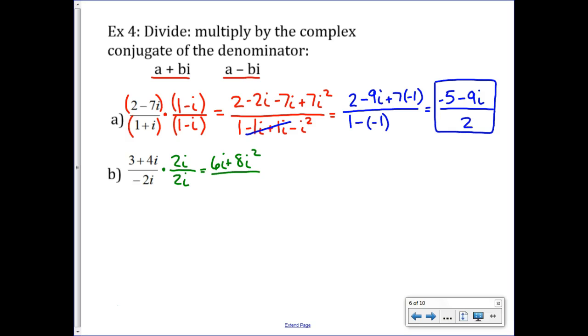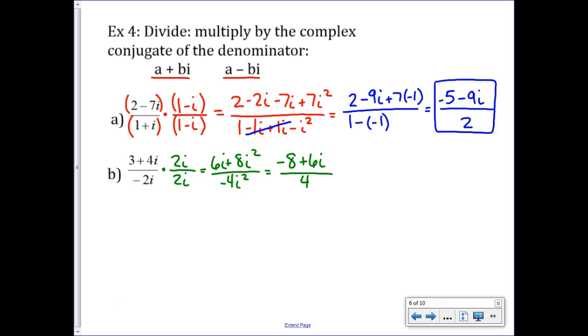I have negative 2i times 2i is negative 4i squared. So 8i squared then is 8 times negative 1, so that's a negative 8 plus 6i, over negative 4i squared, which is negative 4 times negative 1, which is 4.